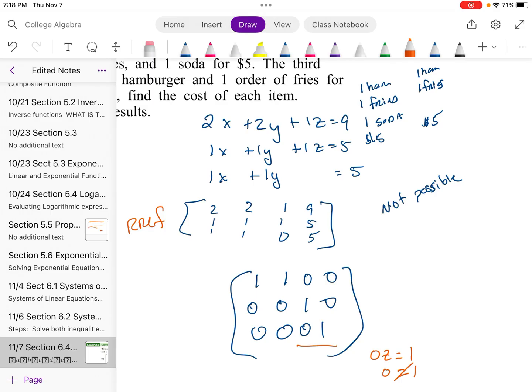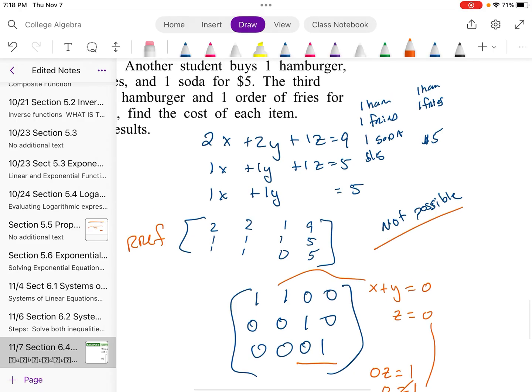We could take the first line and say x plus y equals 0, and that's still a linear function. And the second equation, z is equal to 0. Again, we have the contradiction down below, 0 can't equal 1, and therefore it's not possible, so no solution.